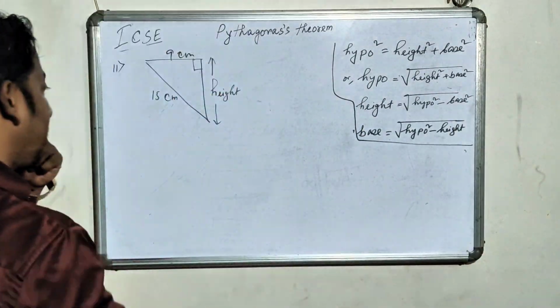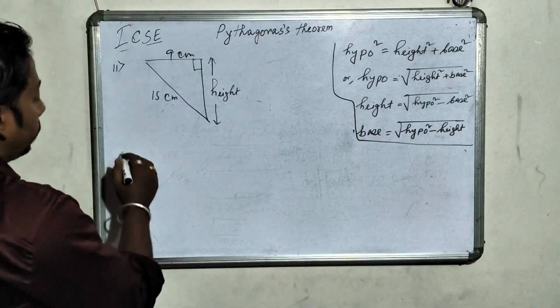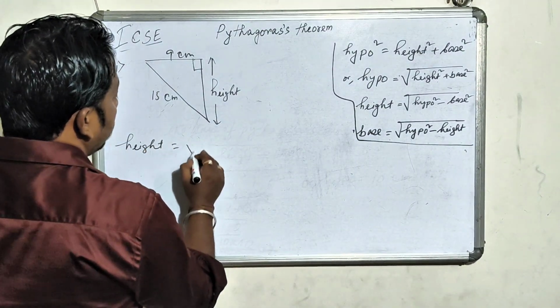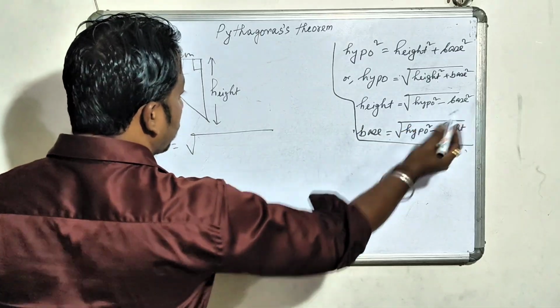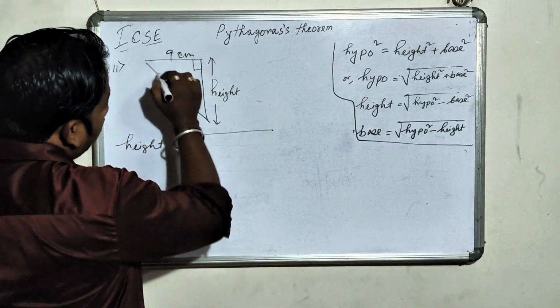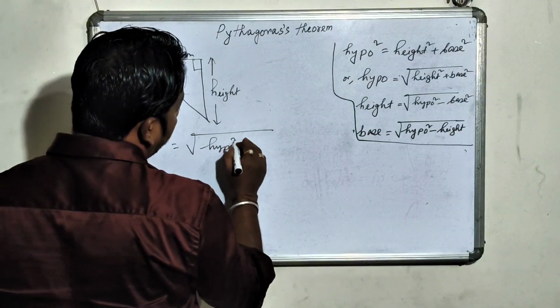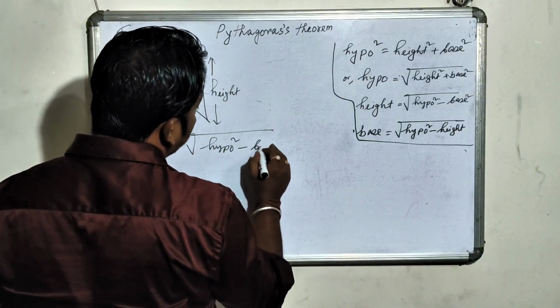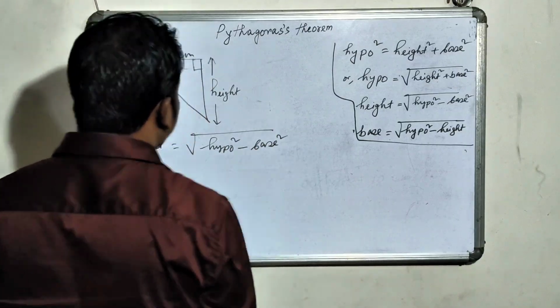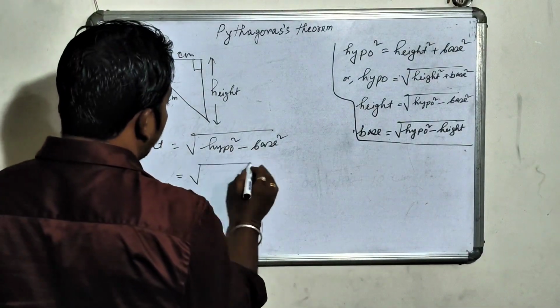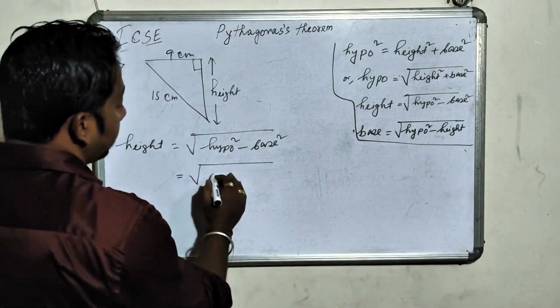Apply the same formula. Height equals root over of hypo square minus base square. So this is the hypo, that is, write down the formula, hypo square minus base square. The value of hypotenuse is 15 centimeter.